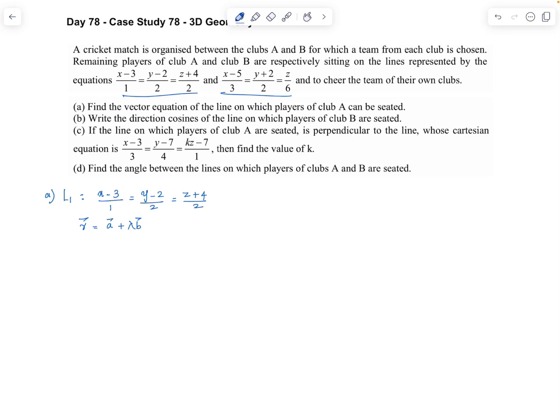Now from L1 we get a as 3i plus 2j minus 4k, and b vector is i plus 2j plus 2k.